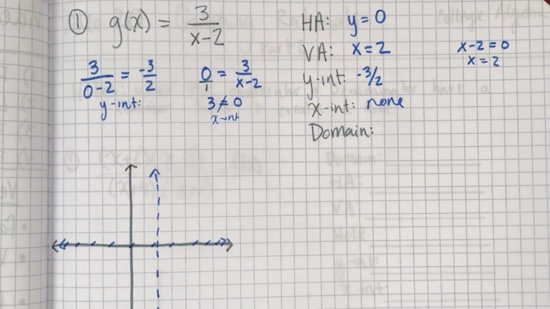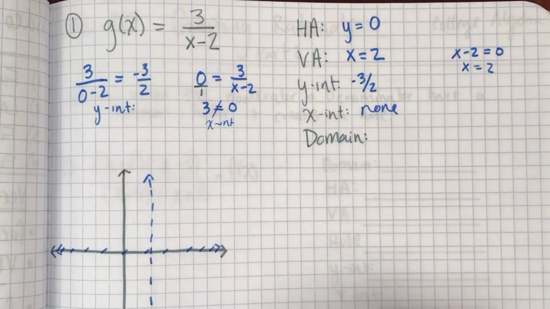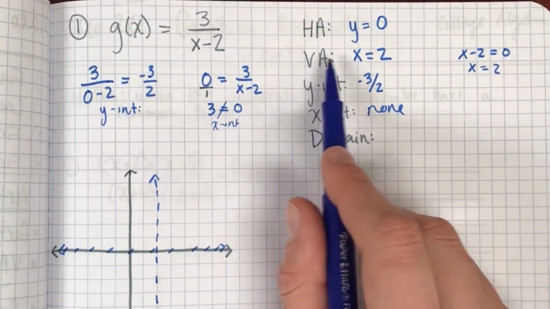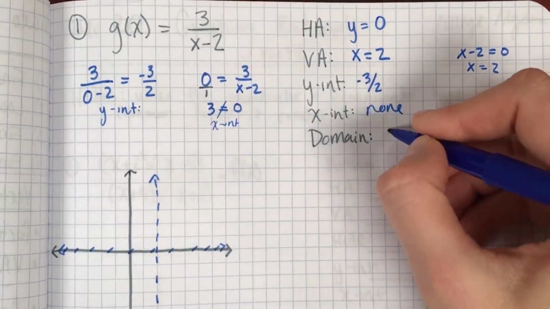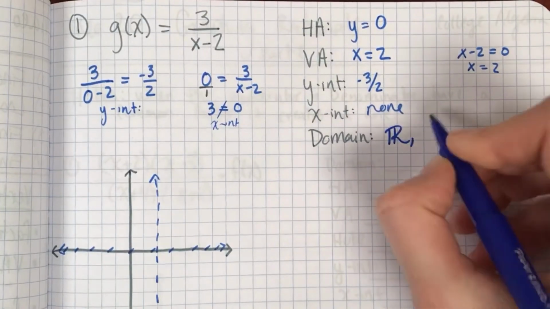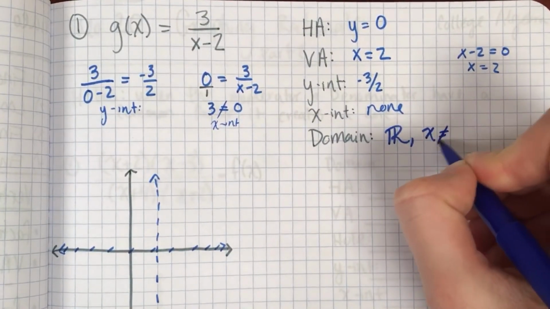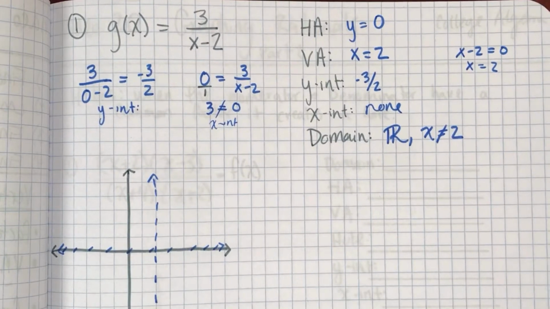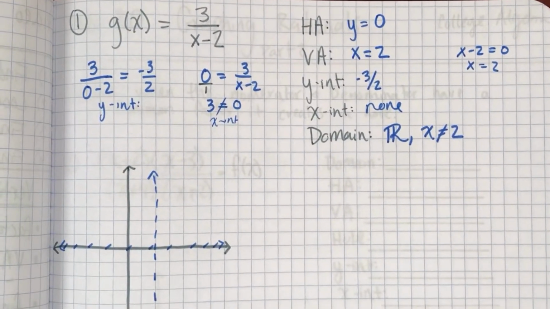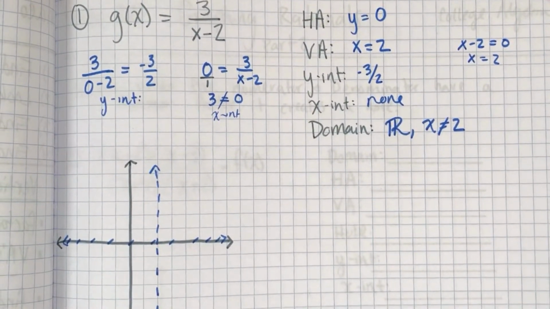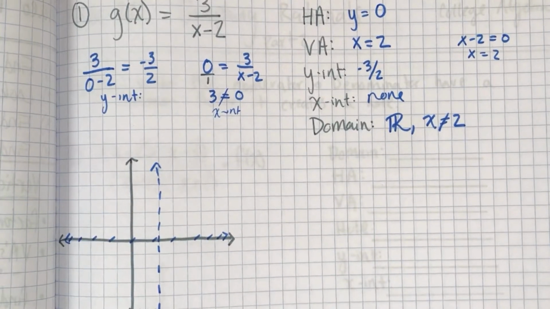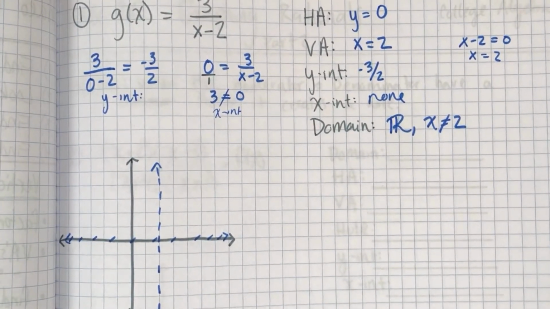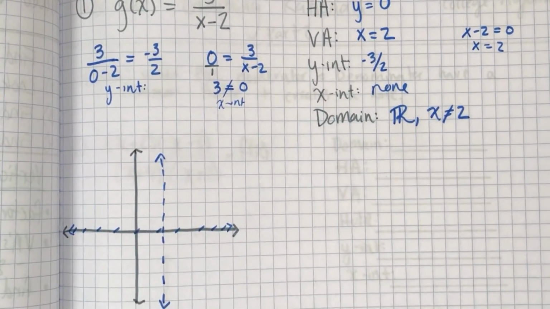Now for our domain, this is where it comes in handy knowing our vertical asymptote. So here we're going to have all real numbers, but again, x cannot equal 2. All right, and so now we can graph our function. Look at your table on your graphing calculator or on Desmos, and we'll be able to graph this a little bit.